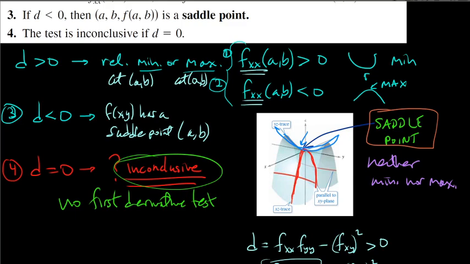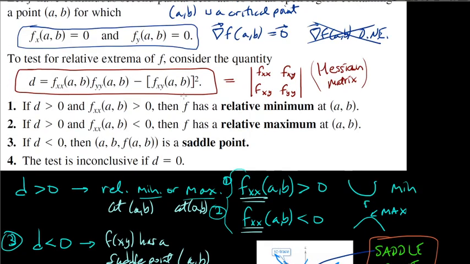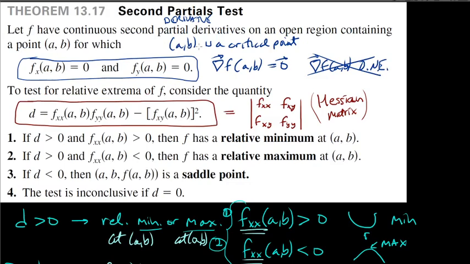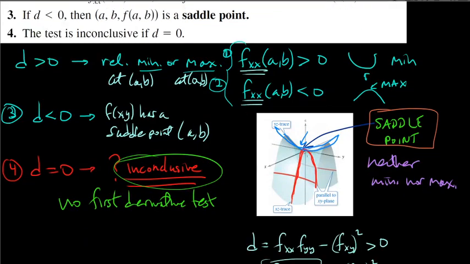What can you do? Well, you can use a graphing utility, graphing software, and graph the function. Then you can tell, based on the graph, whether you have a minimum, maximum, or a saddle point. But when D is 0, it doesn't mean you have a saddle point, a minimum, or a maximum. It could be any one of those three, and those are the only three possibilities.